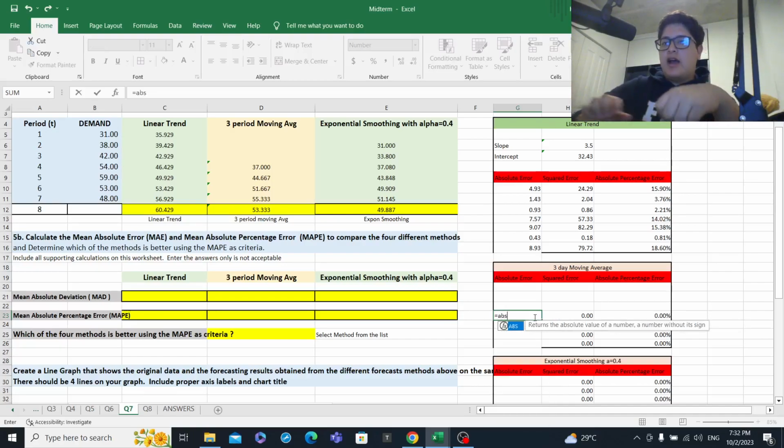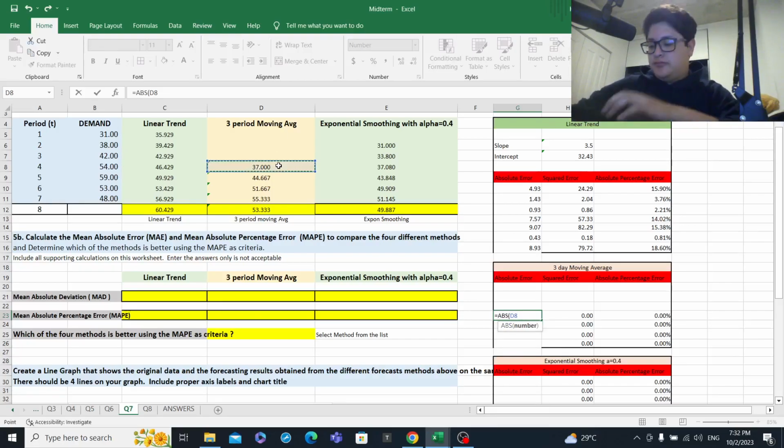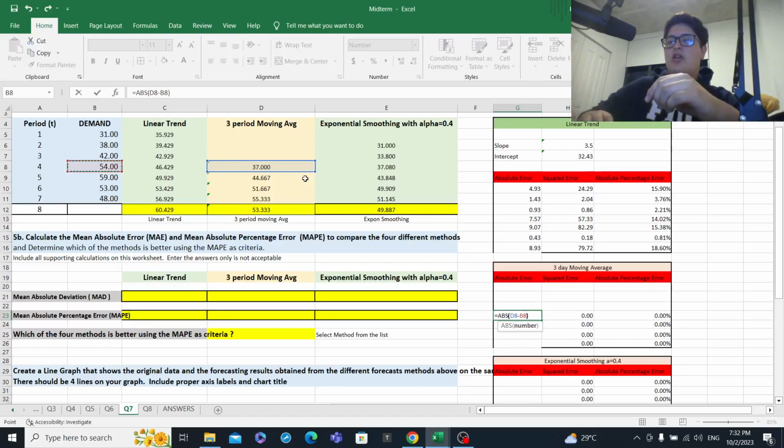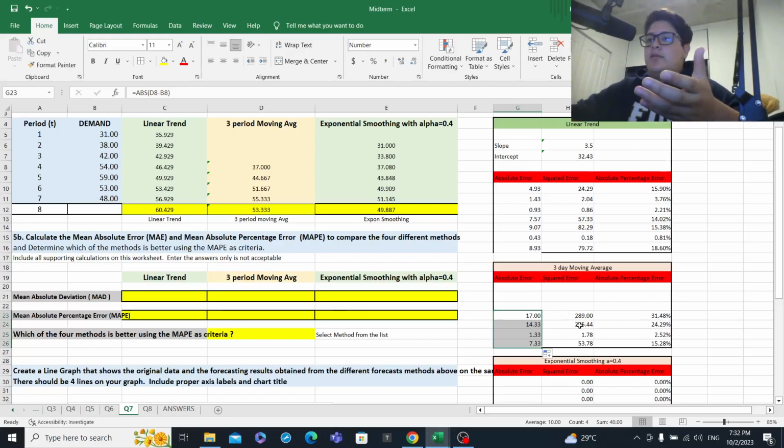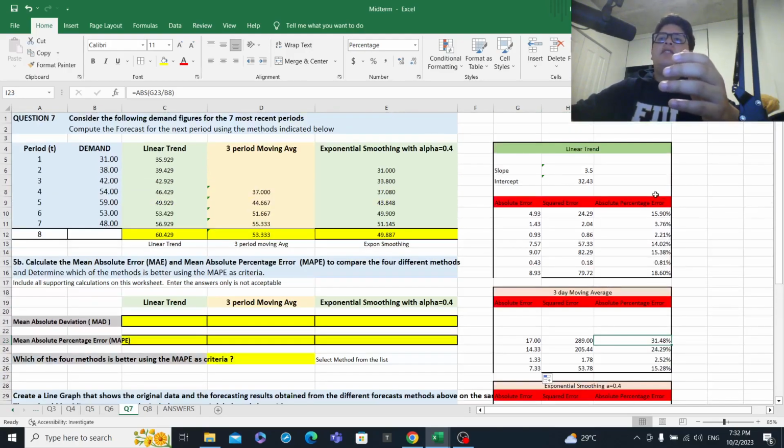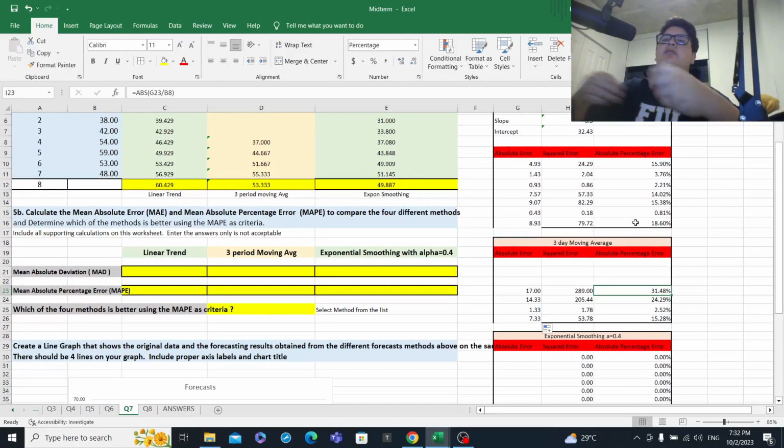That is absolute of this minus this one. We grab it and pull it. It's basically the same, using the same squared error and the same formula for the absolute percentage error.